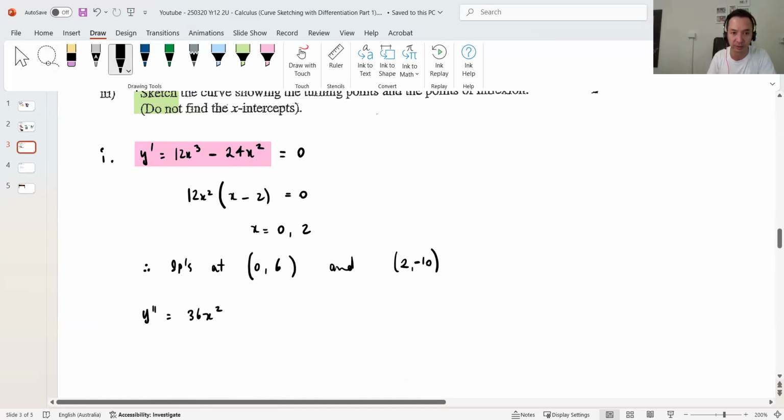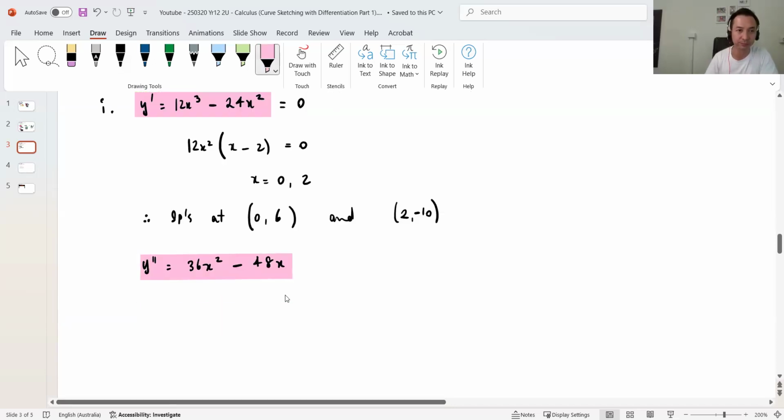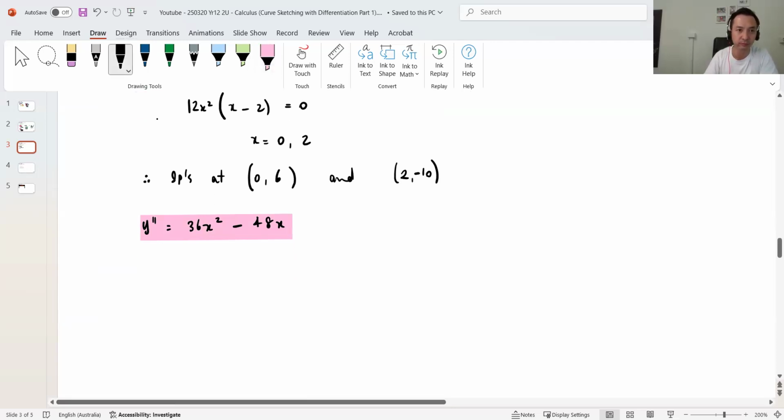36x squared minus 48x. I'm going to highlight that as well because I need it for my inflection later. So when x equals 0, y double dash equals 36 times 0 squared minus 48 times 0, which equals 0.